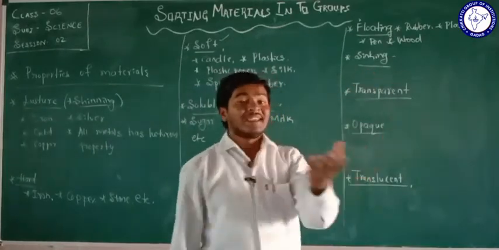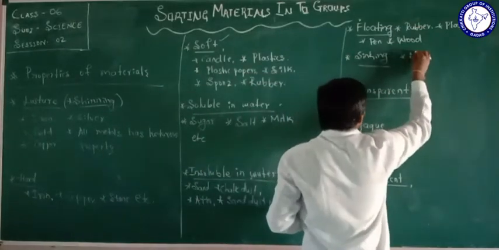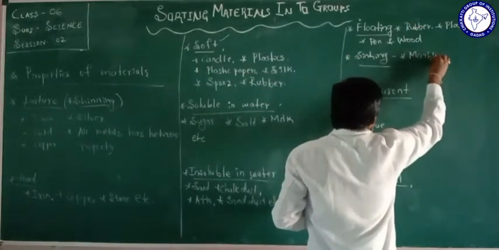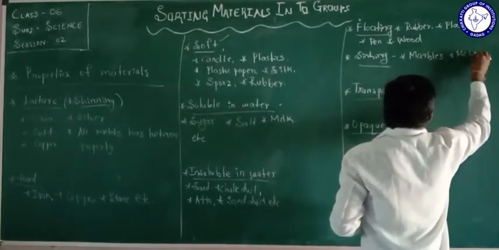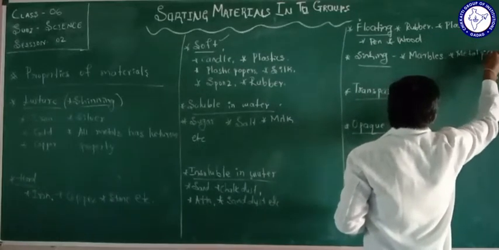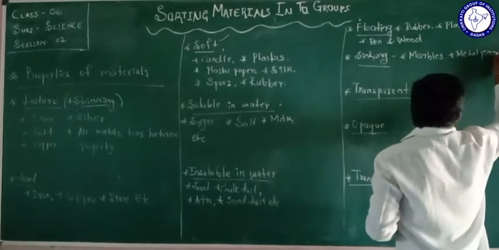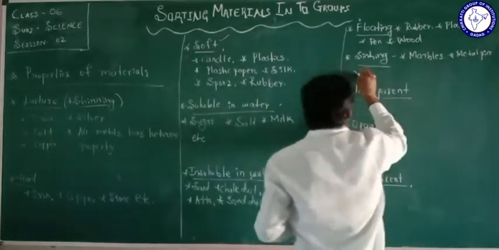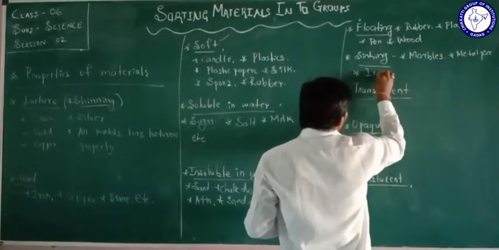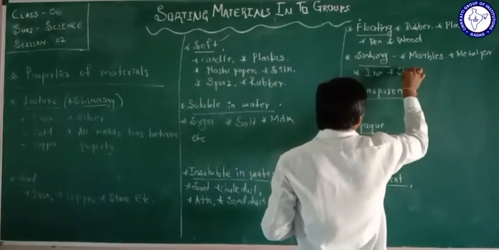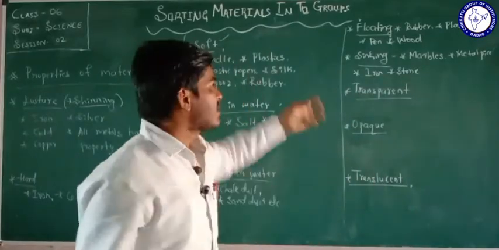Examples are marbles, metal pieces, any metal piece, iron rod, stone. These do not float at the surface of the water, they sink in the water.